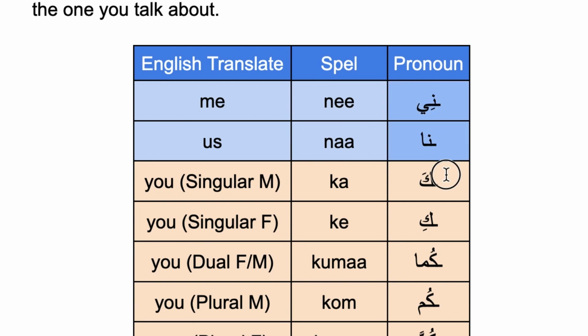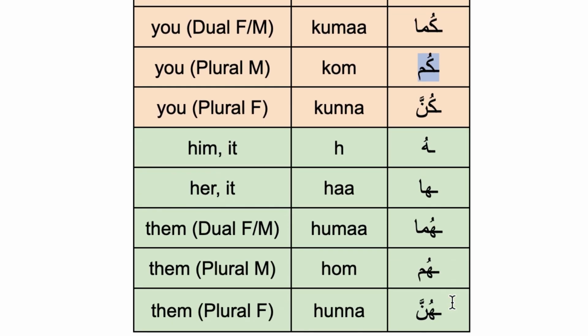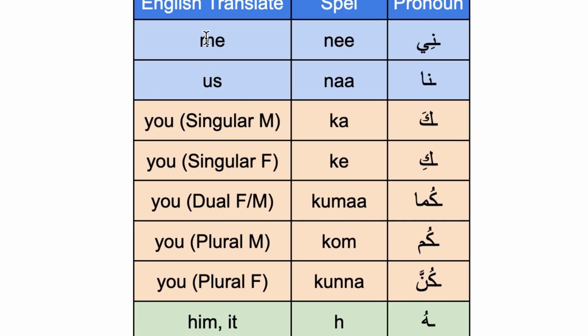I will first read them and then do the translation. ني, نا, ك, كِ, كما, كم, كن, ه, ها, هما, هم, هن. Now, as you can see here, all these are translated and they are grouped by color.